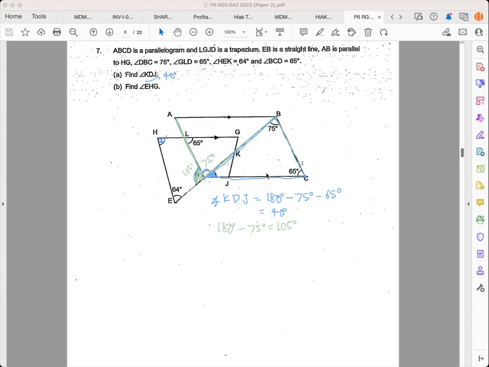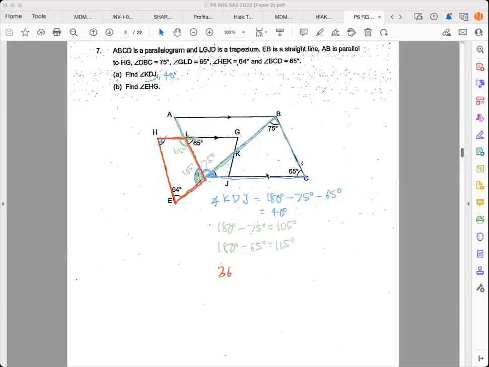I can find this angle as well. It's also an angle on a straight line. 180 degrees minus 65 degrees. I get 115. Now, can you see there's a quadrilateral here? Angles inside a quadrilateral add up to 360.